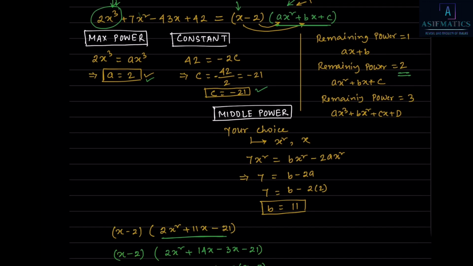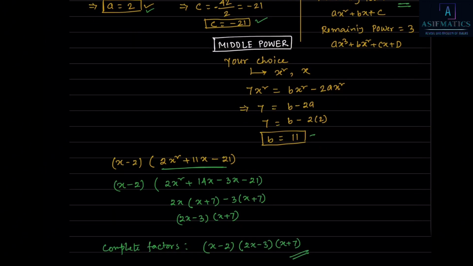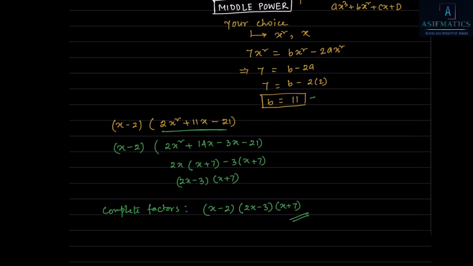After that you go for the middle power, and the middle power is your choice. You can take x squared or you can take x, and you can get your values. Once you have these a, b, c values, you have your quadratic function, and if you have the quadratic function, you know how to solve the factors from there. So we can finally get our result like this.